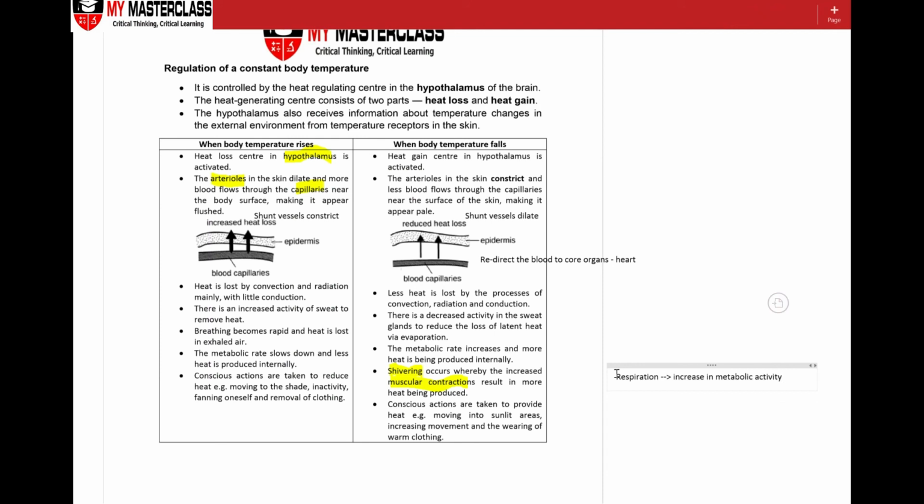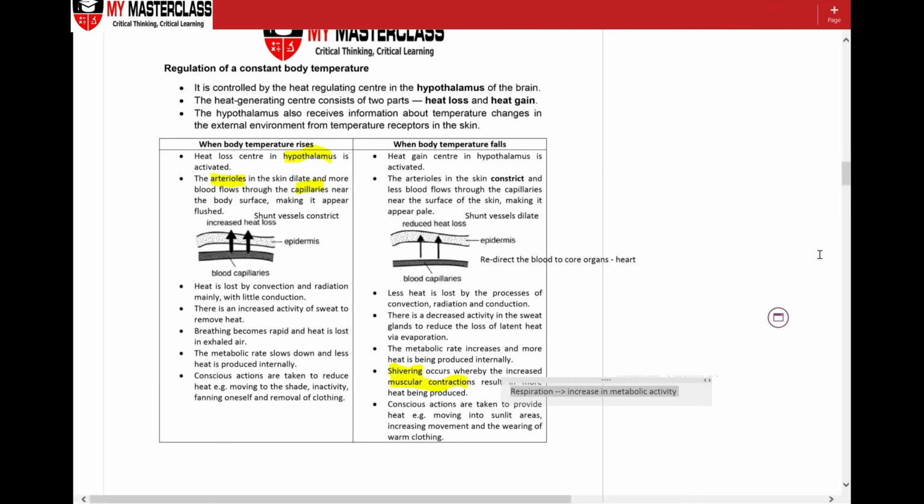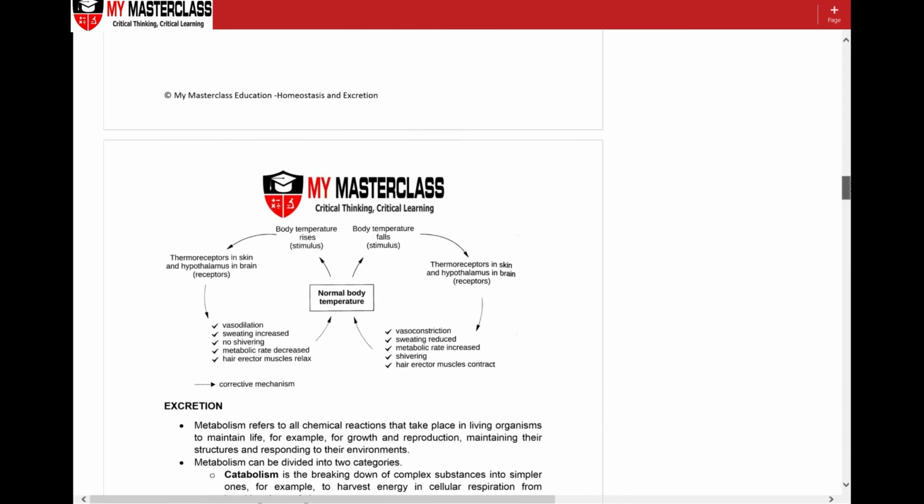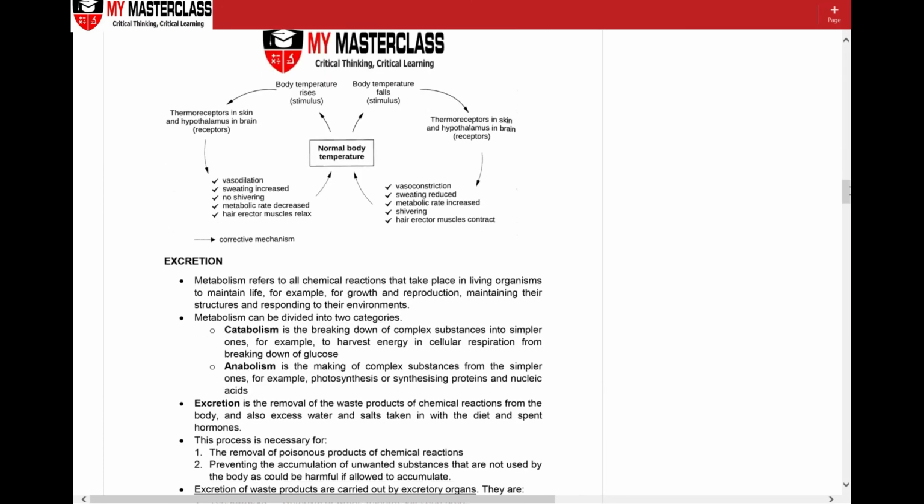Okay, so all in all, these actions are taking place in the hopes that your internal temperature will increase. Okay, so that is what is happening here. We have got thermoreceptors in the skin. Okay, so when the body temperature falls, thermoreceptors in the skin will inform the hypothalamus in the brain, which will then activate a series of actions hoping to get the body temperature back to normal.